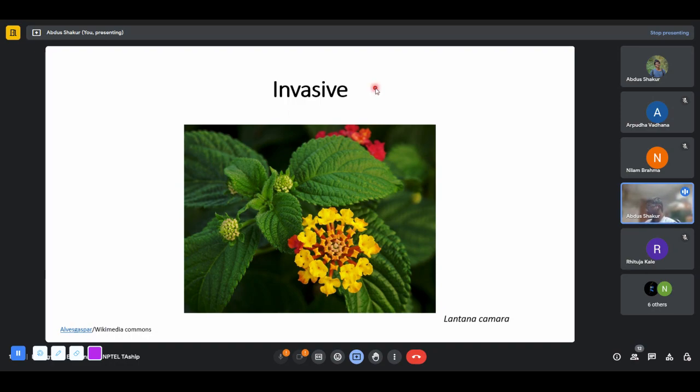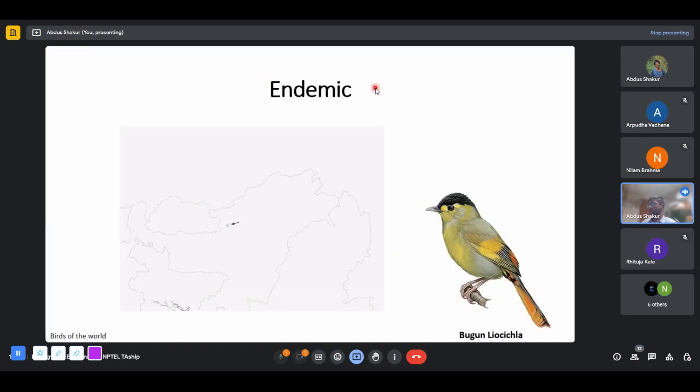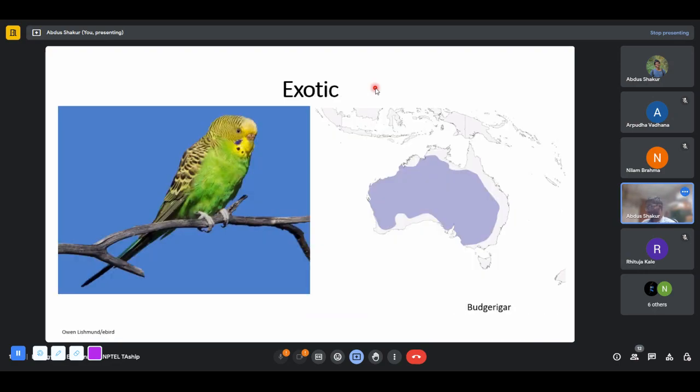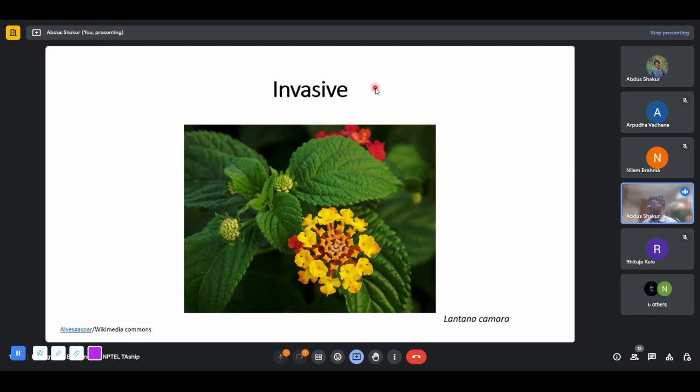It has come into India and has invaded ecosystems, meaning it replaces most of the native species, harms them, doesn't allow them to come, competes with them, and takes over those ecosystems. So this is how we classify species based on their distribution, where they are present: endemic, widespread, exotic, invasive.